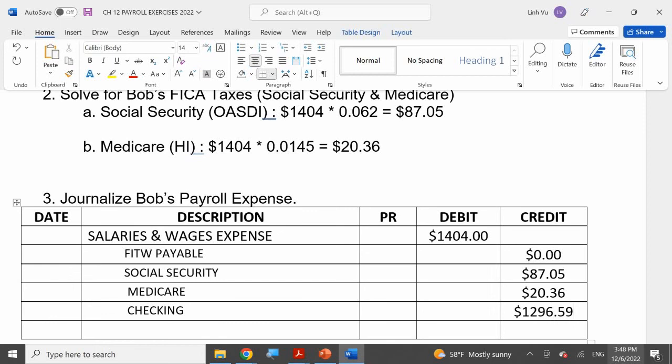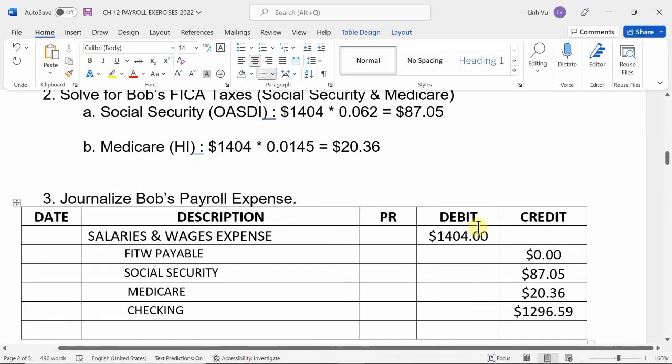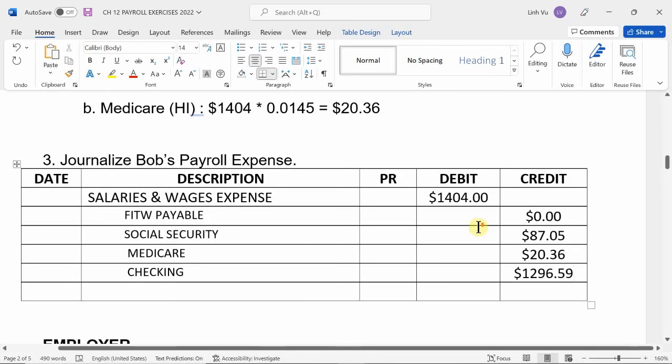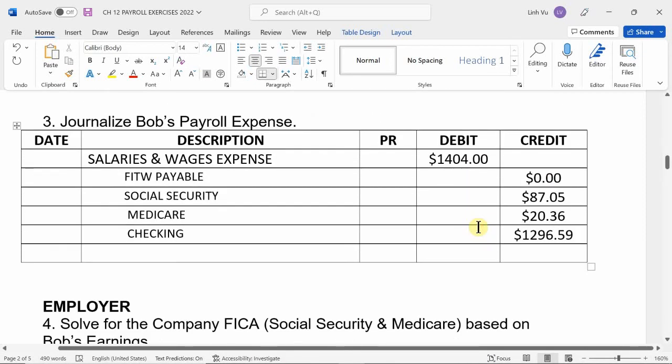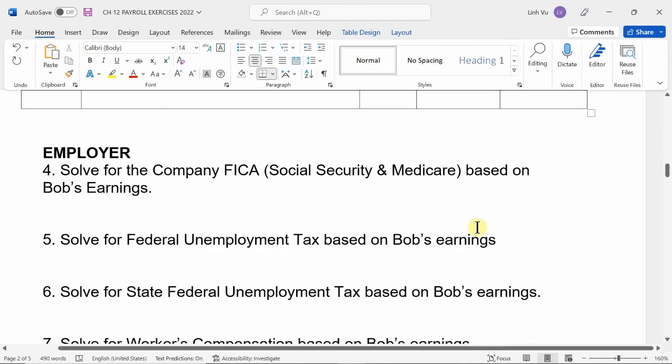Okay? That is his total check that we're going to be issuing to Bob. All right? So that is looking at the employee standpoint.